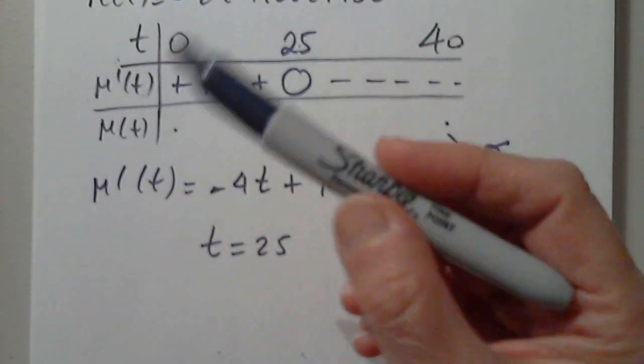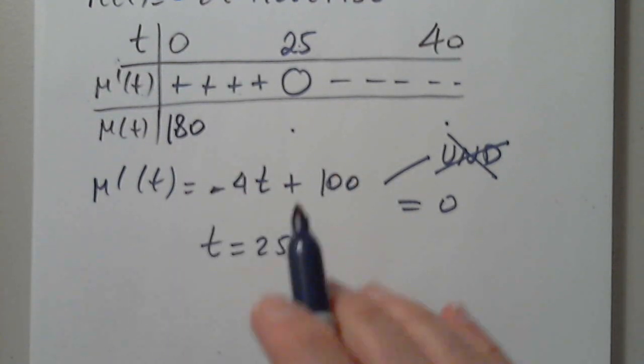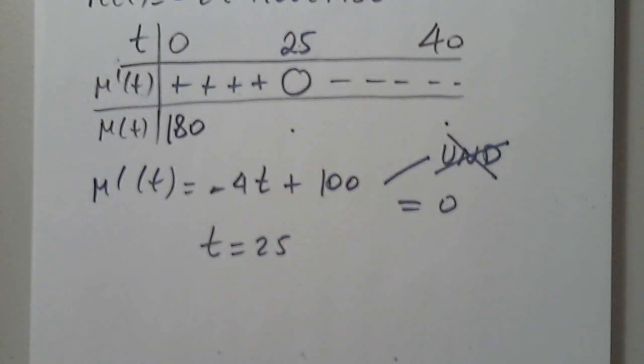So when I plug in 0, that's easy. But then I have to plug in 25, and then I have to plug in 40. That's mandatory before we draw a conclusion. No problem. That's easy.